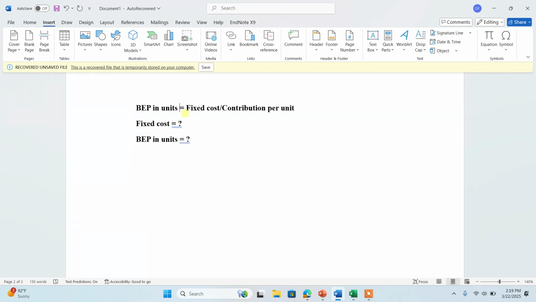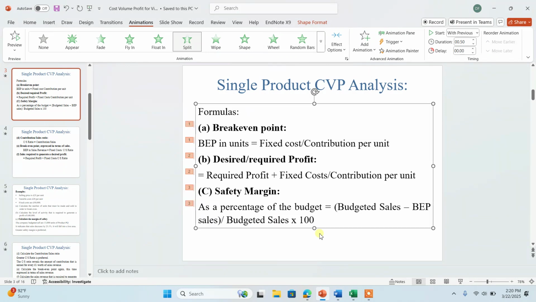To find out the contribution per unit, I need the value of the sales minus variable cost. In this data, I have the value of the sales.